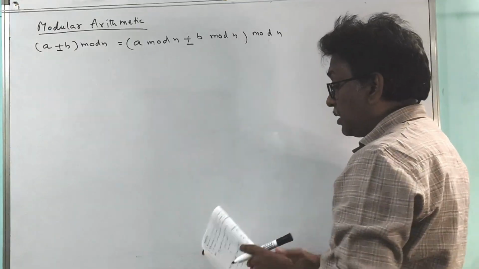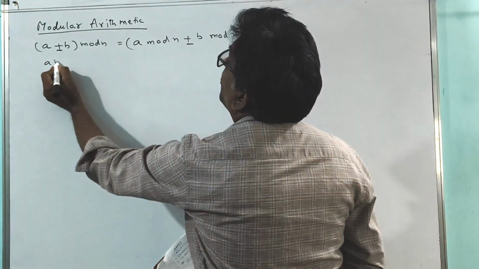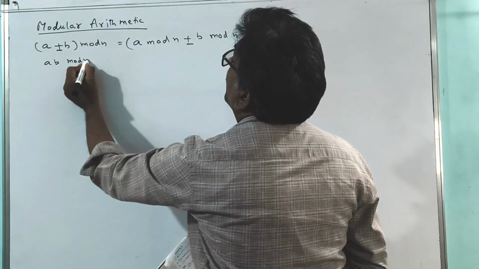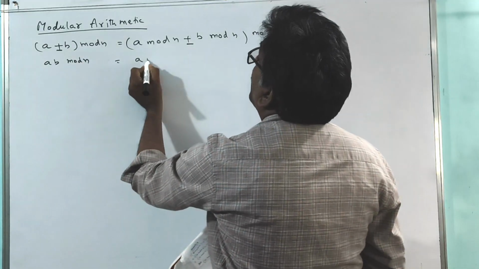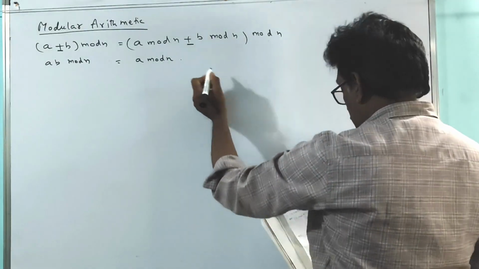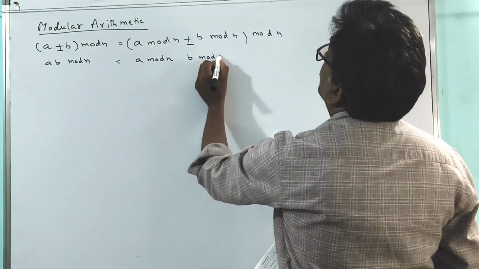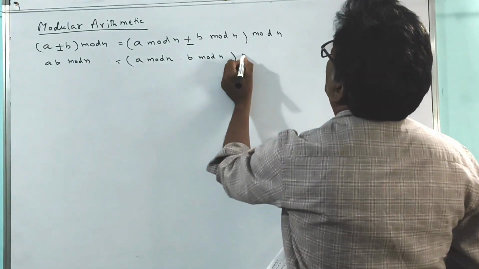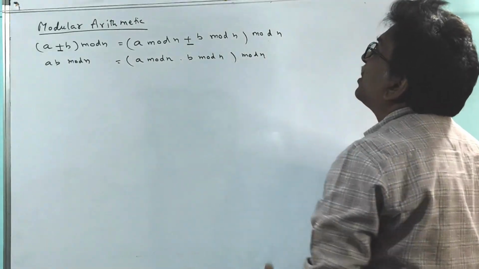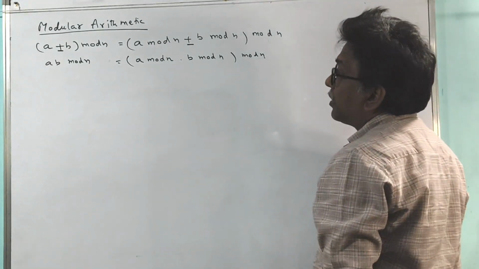Another problem is (ab) mod n. (ab) mod n can be written as a mod n into b mod n, whole mod n. Okay. So this is another formula.